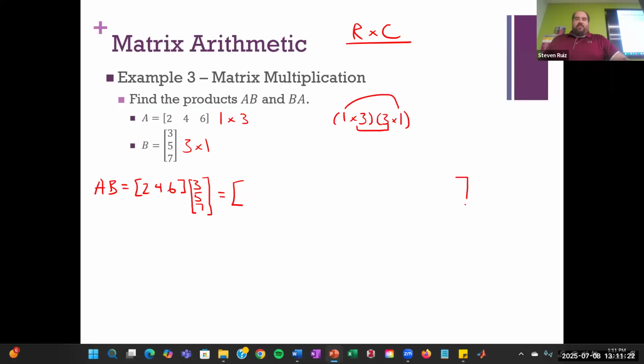So how do I find the value that goes in there? What's the only entry in here? I'll stick with y11, right? The way you would get y11 is to multiply row 1 by column 1. That just happens to be exhaustive. That's the only row and column I can deal with.